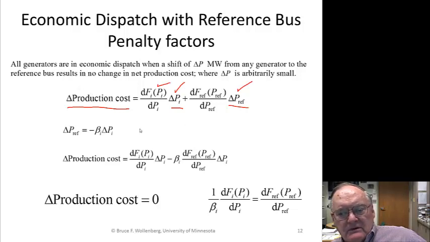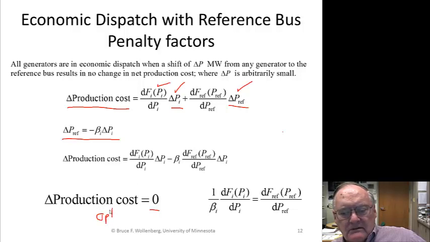And it turns out then that the delta P ref from our definition before is minus beta times delta Pi. So I can substitute that into this equation, and I get this. And so it says the change in production cost would be 0, meaning you're at the optimum. When are we at the optimum?